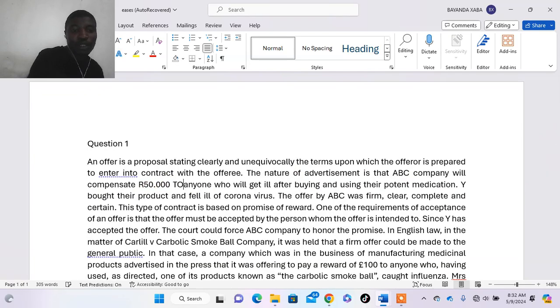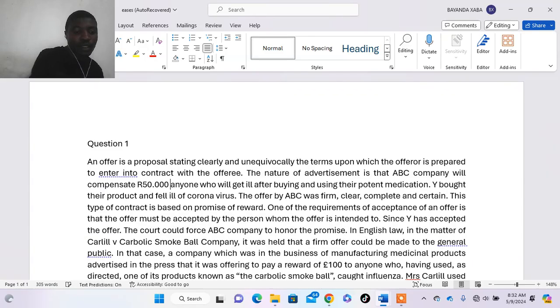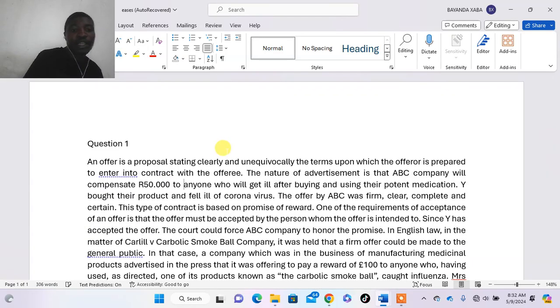to anyone who will get ill after buying and using their patent medication. They bought their product and fell ill with coronavirus.